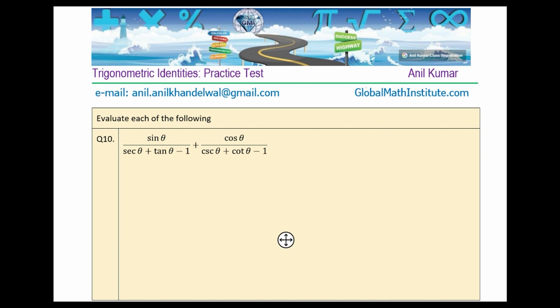Question number 10 is also on the same basis. Slightly more difficult. So I'll say this is a challenging question for you. You need to evaluate sine theta over secant theta plus tan theta minus 1, plus cos theta over cosecant theta plus cot theta minus 1.